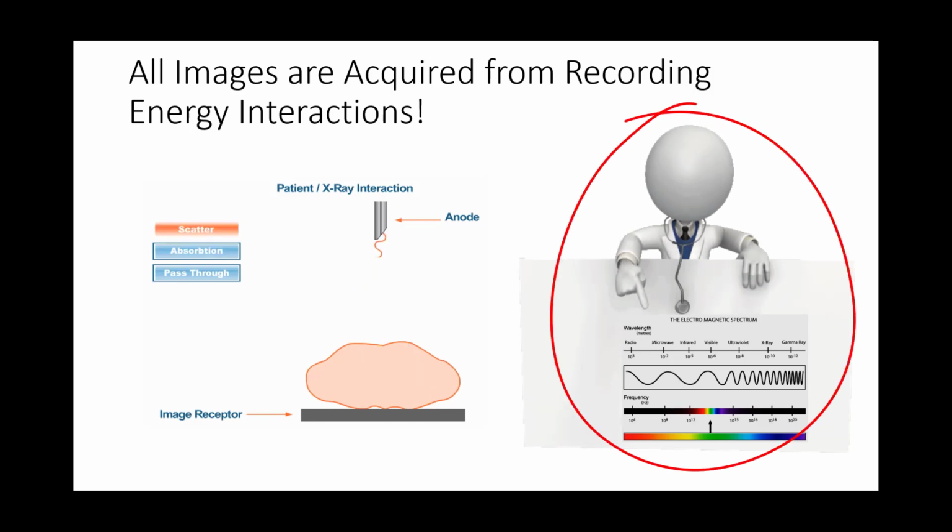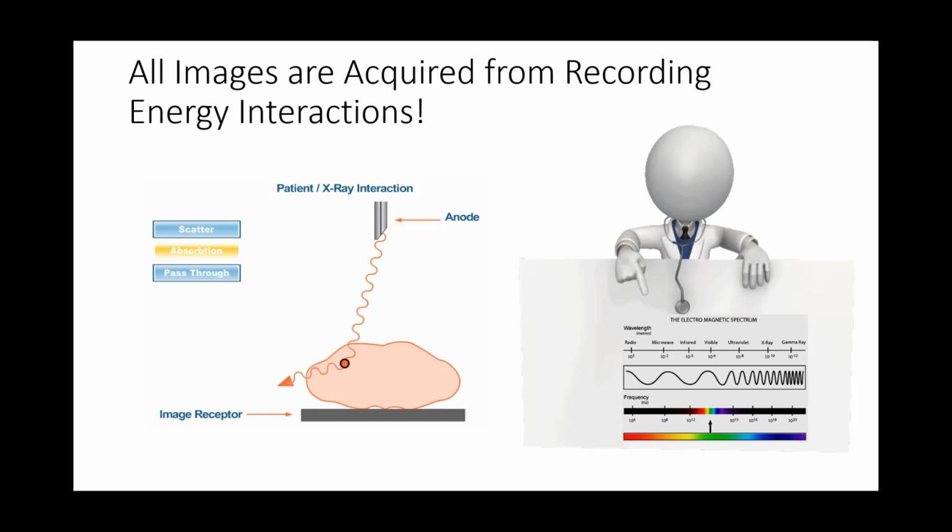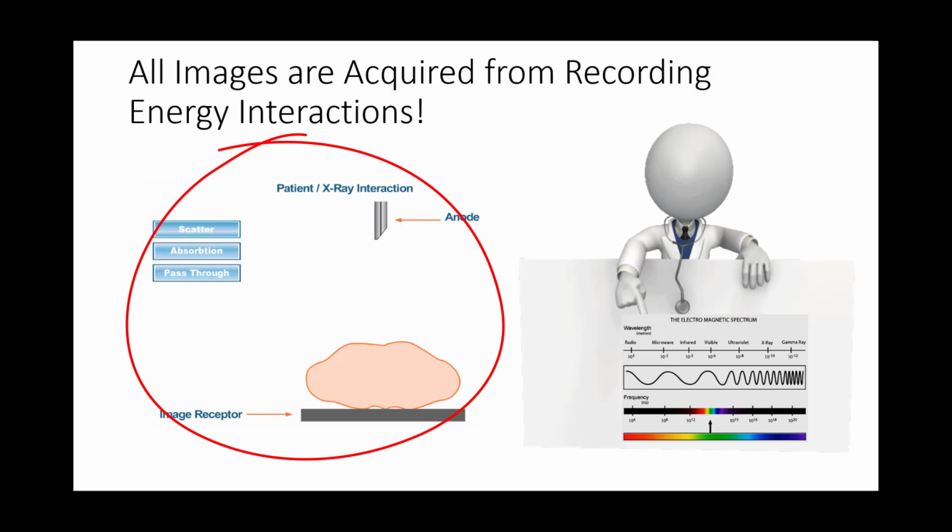Ionizing radiation is only one form of energy that we utilize in medical imaging. It is critical to understand the type of energy being utilized, the amount of energy being utilized, and the time the energy is being utilized to create an image. We can call this the dose.